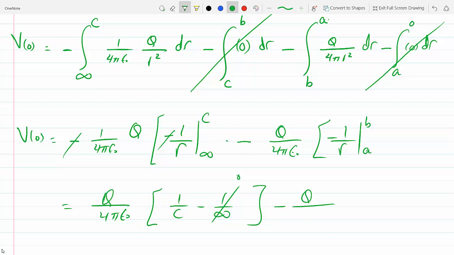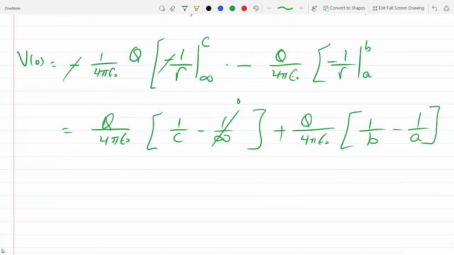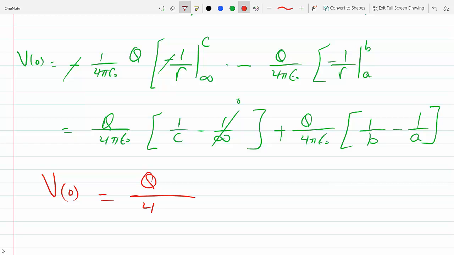Let's make this a plus, and then this becomes 1 over B minus 1 over A. And if I factor out Q over 4 pi epsilon, I will get my final answer: the potential at the center is V equals Q over 4 pi epsilon times 1 over C plus 1 over B minus 1 over A.